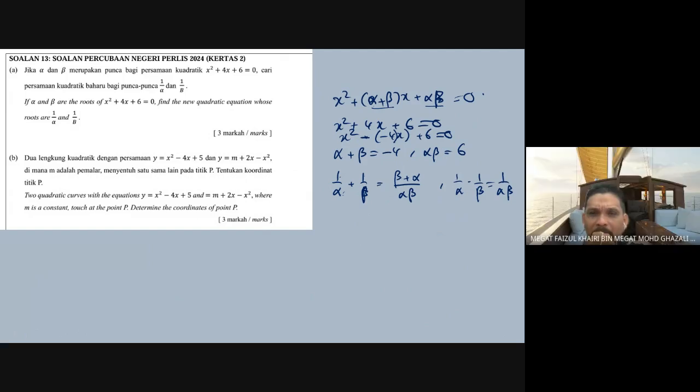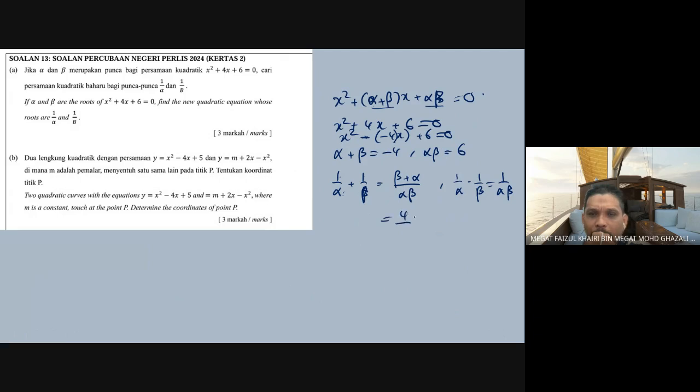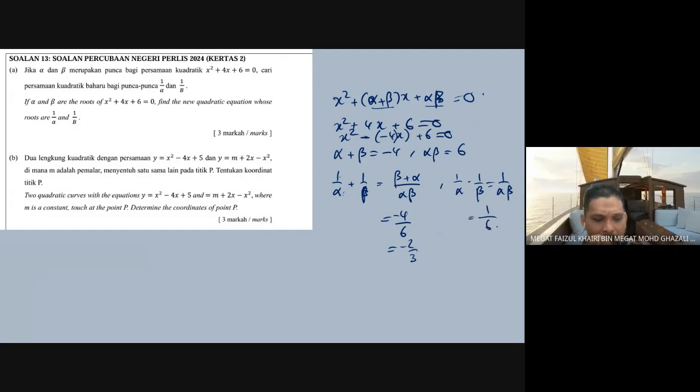So alpha plus beta is negative 4, alpha beta is 6. Negative 4 over 6, or negative 2 over 3. And the product is 1 over 6. Good. So we want the new quadratic equation, so we must put back.